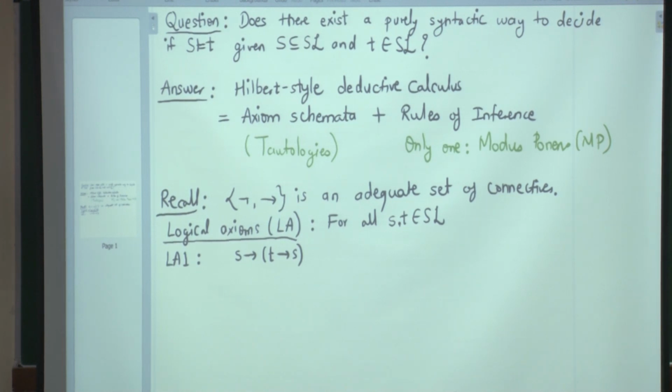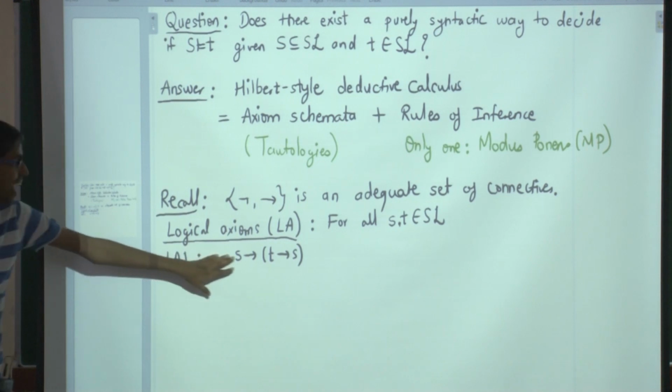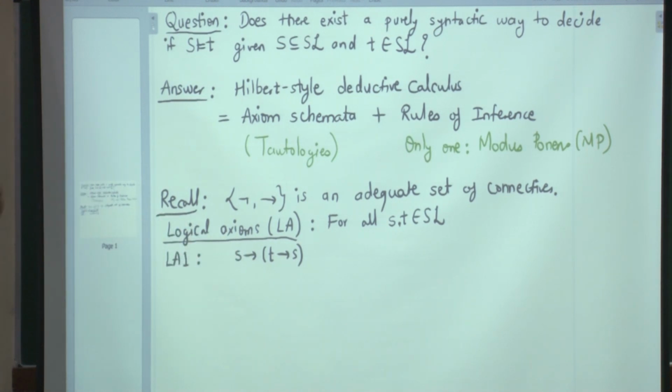So there are infinitely many axioms here. That's why we are calling it axiom schemata. It's a scheme. S and T are variables. They are not propositional variables. They are formulas. Any arbitrary formula can be put in there, and then still it will give us a logical axiom. Because as you already confirmed that this is a tautology, no matter what S and T are, it's going to remain a tautology.